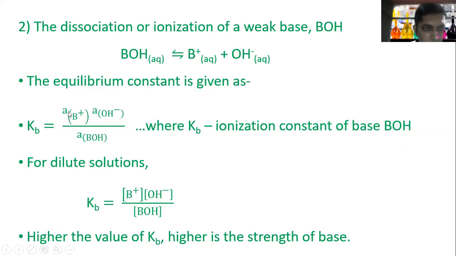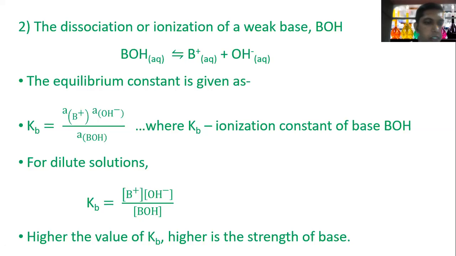Always remember that activity is active concentration, and active concentration may be different from the actual concentration. But for dilute solutions, as the ions are well separated from each other, the activities are almost equal to the concentrations. So we are replacing activity of B plus by concentration of B plus, activity of OH minus by concentration of OH minus, and activity of BOH by concentration of BOH.